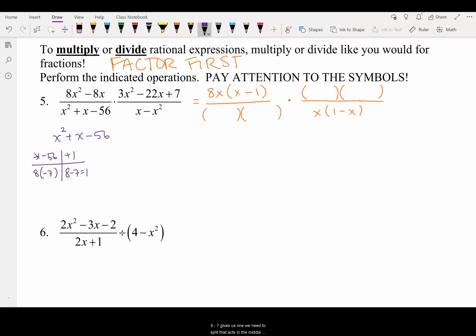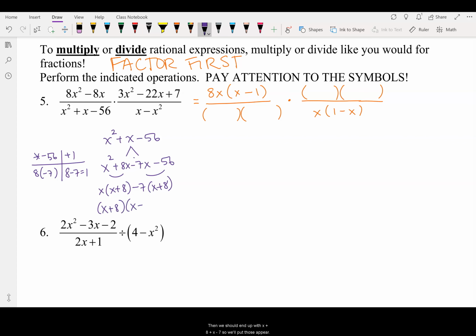So we need to split that x in the middle into 8x and negative 7x, and then we'll bring down the x squared and the minus 56 and factor by grouping. Or if you're using the box method or the area method, those are perfectly fine too to factor. And we should end up with x plus 8 and x minus 7.